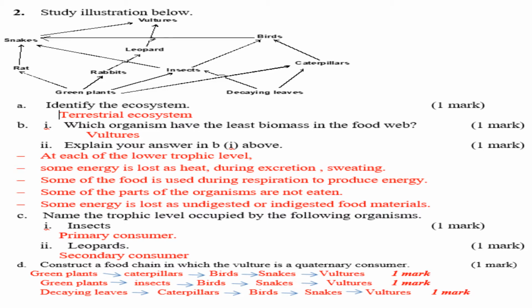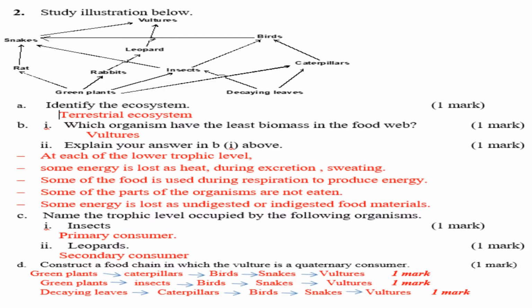The second one: green plants are eaten by rabbits, then rabbits are eaten by leopards, and then leopards are eaten by vultures. We have green plants eaten by insects, then insects are eaten by birds. We have this other chain where green plants are eaten by caterpillars.